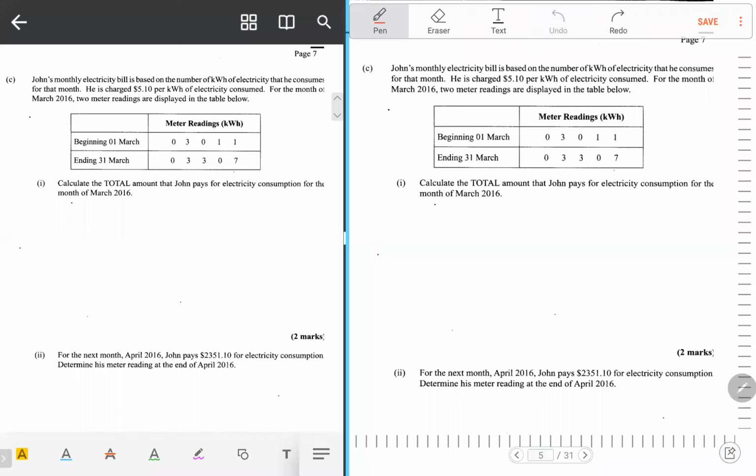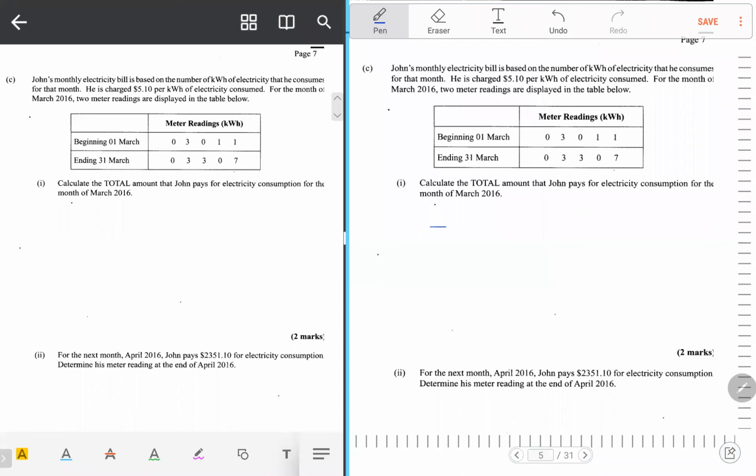All right, so the first part says we have to calculate the total amount that John pays for electricity consumed in the month of March 2016. So the amount that he pays is the amount consumed times the rate. All right, so let's write it like this. So the payment, let's say it's a payment, the charge, let's use a blue ink as well.